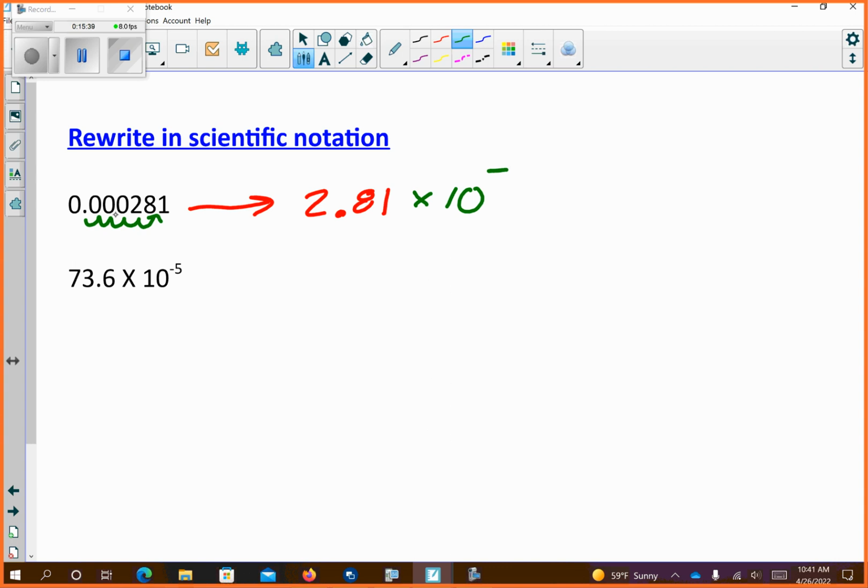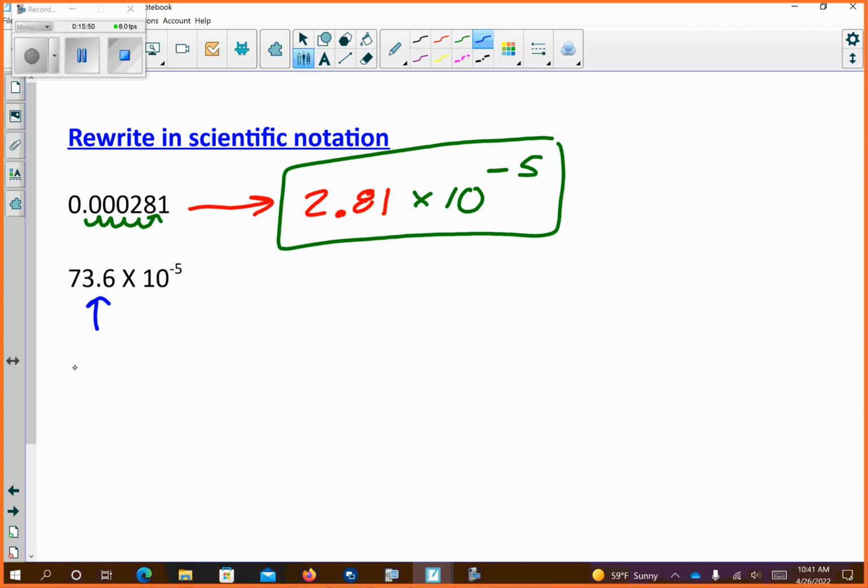So 1, 2, 3, 4, 5 times 10 to the negative fifth. And then this one is not written the right way. So I'm going to change this to 7.36 times 10. I'm going to move the decimal left. But this is a negative, right? So that negative is going to become to the negative 4.